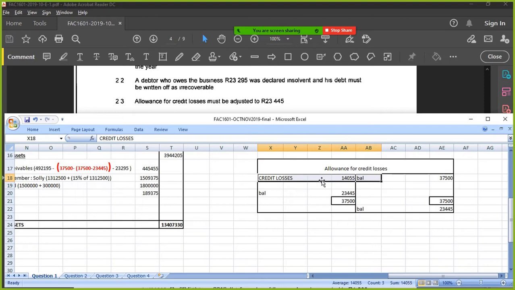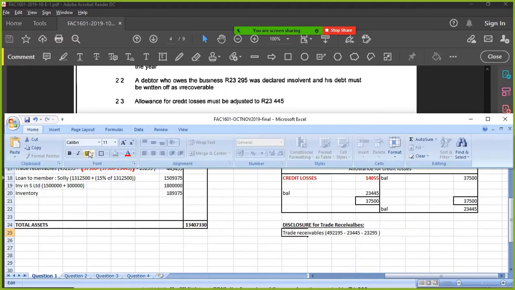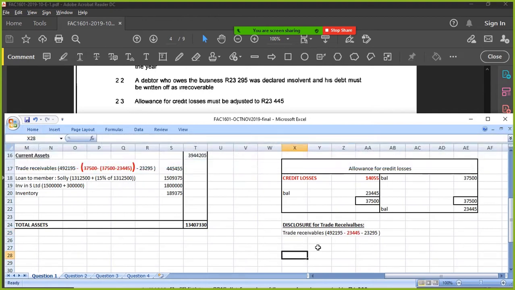Credit losses will be decreasing by an amount. Then in terms of disclosure, the balance was this minus the 23445. If I just show it as that.